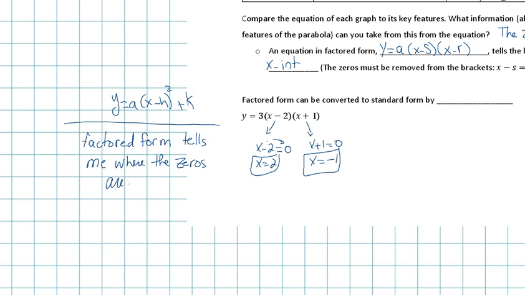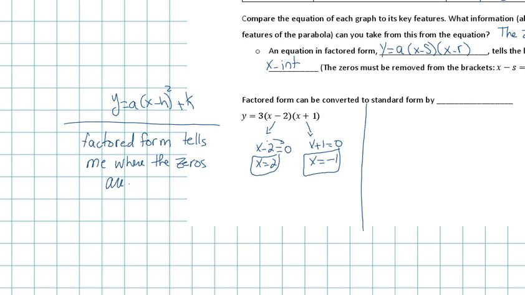Okay. Now remember, this question is not asking you to find the zeros. I just did this so I can show you how to find the zeros. What's this question asking? Put it in standard form. So to go from factored form to standard form, what do I do? Divide the 3 by the 2 and 1, I think. Or times.